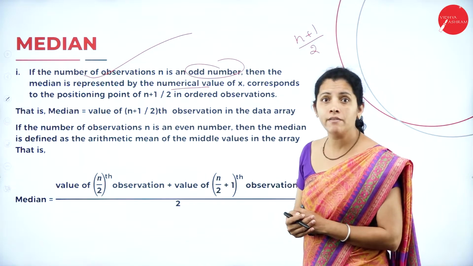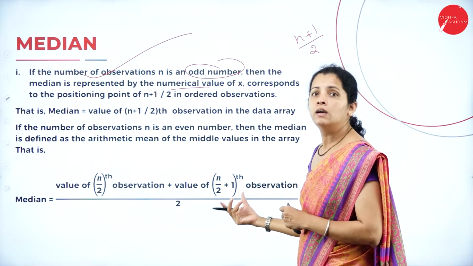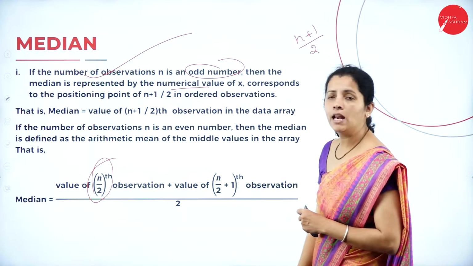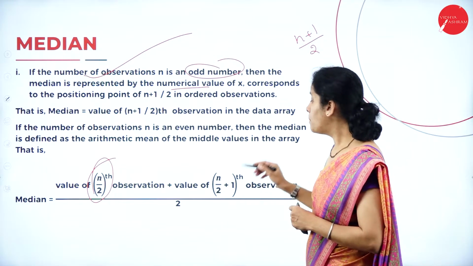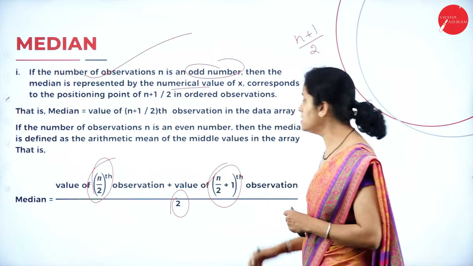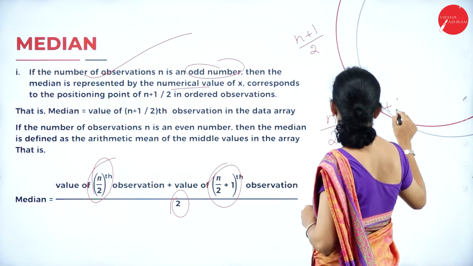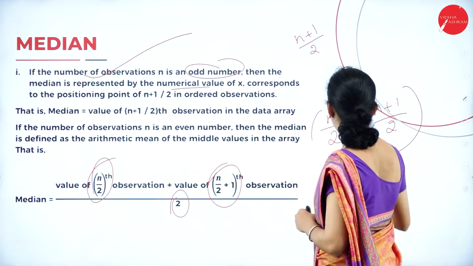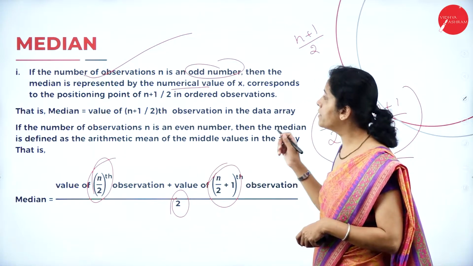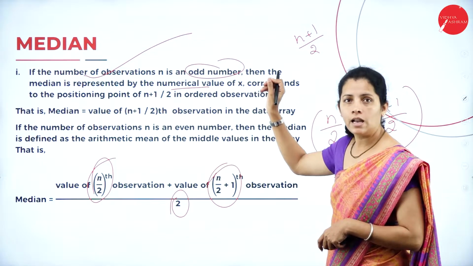Suppose it is an even number, then what I want to do is consider n by 2 and n plus 1 by 2, and the whole divided by 2. In the sense, first I want to consider n by 2 plus n plus 1 by 2, and the whole divided by 2. This formula is only for when the given observation count is an even number.